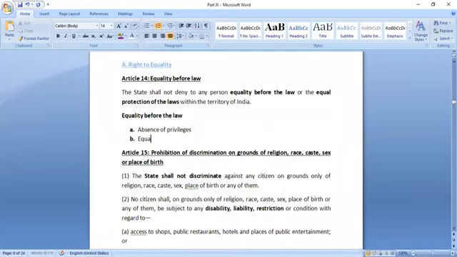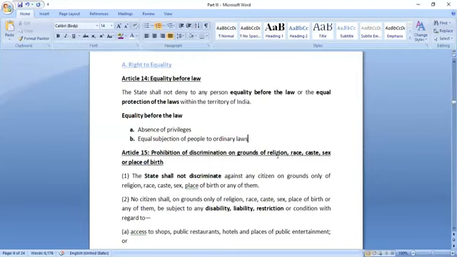Second is equal subjection of all the people to ordinary laws. What this means is, if there is any particular law which is applicable to the whole of India, that law would be applicable to all the people who come within that jurisdiction.